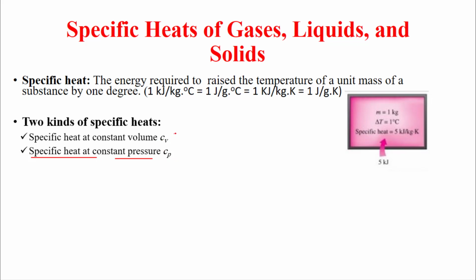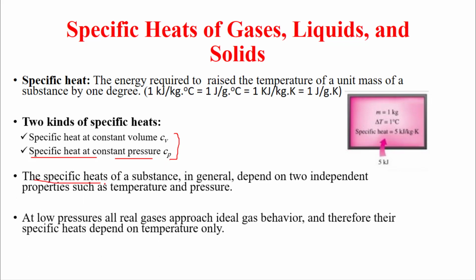So either CV or CP. The specific heat of a substance in general depends on two independent properties such as temperature and pressure. So this property, specific heat, depends mainly on pressure and temperature in general.